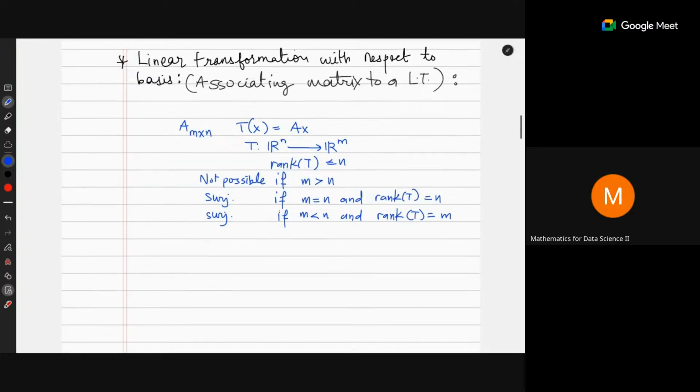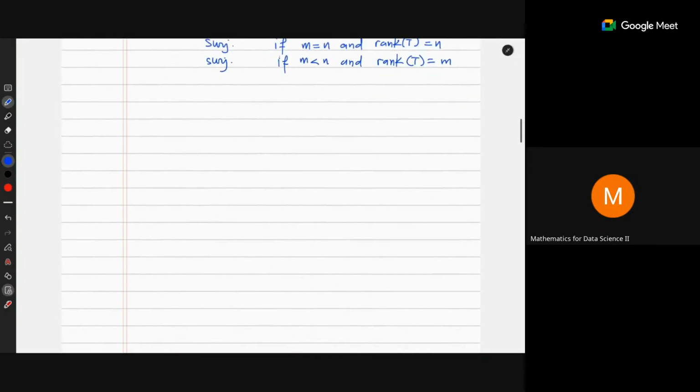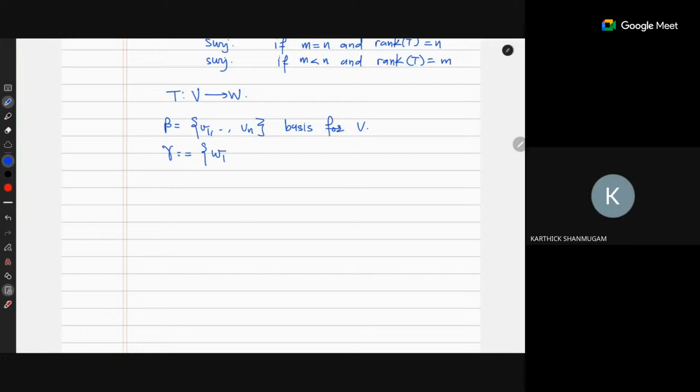All right. So, linear transformation with respect to a basis. Suppose you have a linear transformation T from V to W, and let's say beta denotes the basis v1 up to vn for V, and gamma is the basis for W. Then how do you associate a matrix to this?